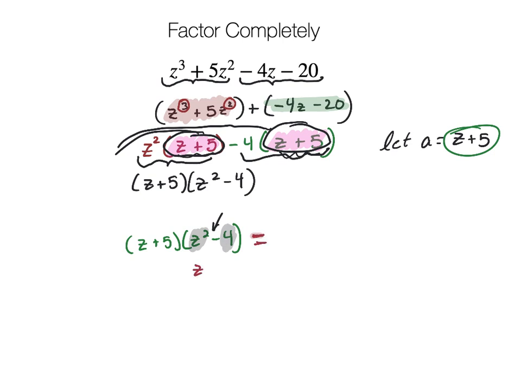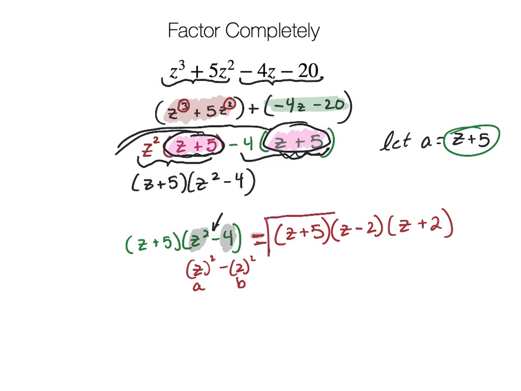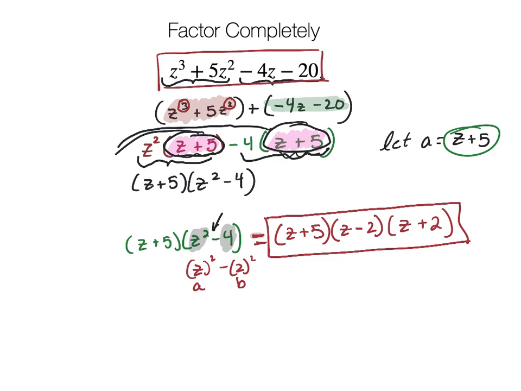Think of this as a z quantity squared minus a 2 squared, and we're left with z plus 5. And remember the difference of squares: a minus b and a plus b. And that would be a complete factorization of this 4-term polynomial.